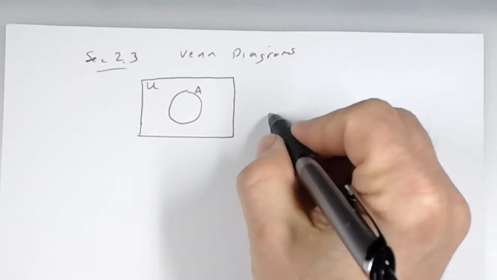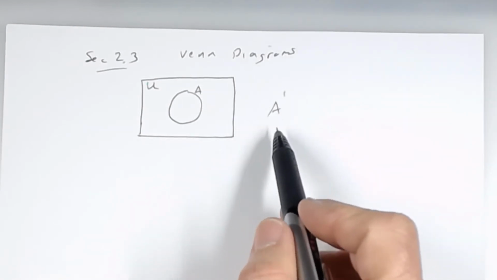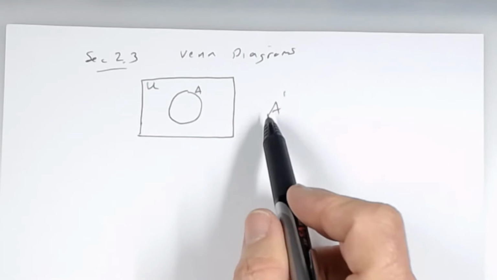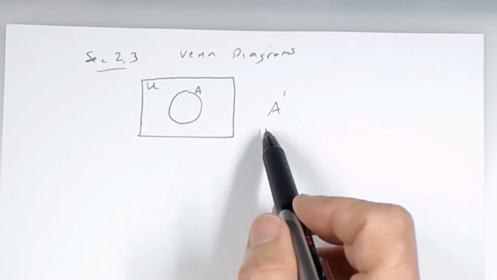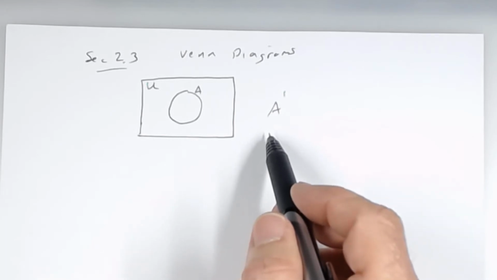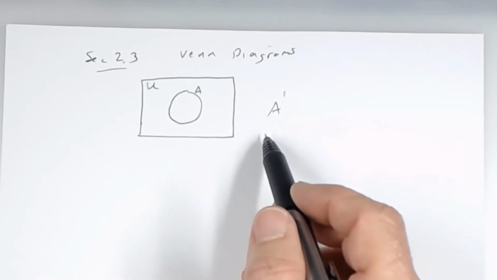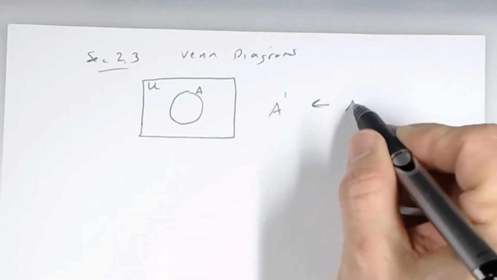Do you remember how you read this symbol right here? What was this? A complement. So this right here means A complement. That's how you read it.